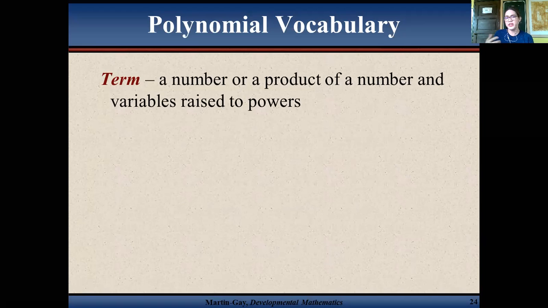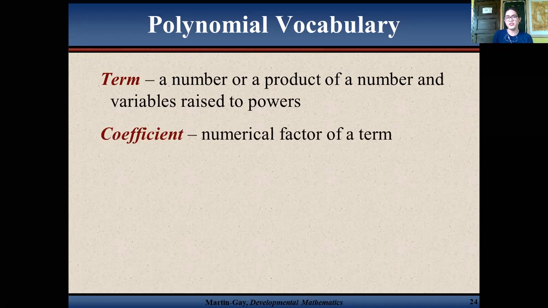When we say term, it is a number or a product of a number and variables raised to powers. Again, a term consists of numbers, coefficients, and variables. It could be just a number, or just a variable, or a number and a variable. We call it a term.